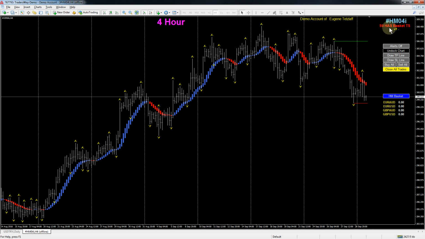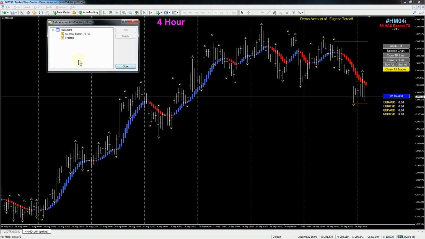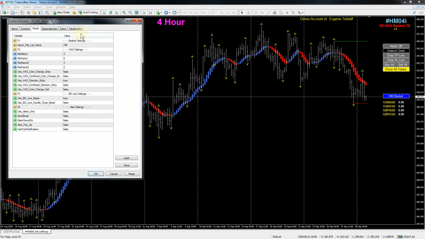Okay, so that's how we would have done a basket, basically using the S9 Haas basket TS, which has these inputs. Like I said, not many to go by. You just got to put the name in. Remember, you have to put this name in here of your basket to get the pairs. If you don't have any pairs listed over here, I'll show you what it does. You can take this out.